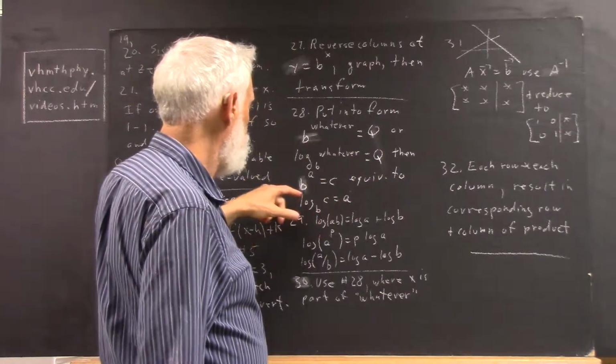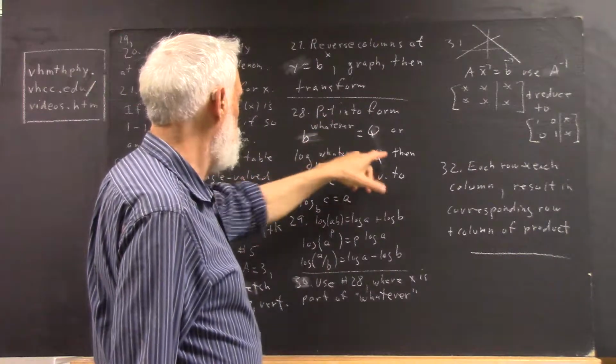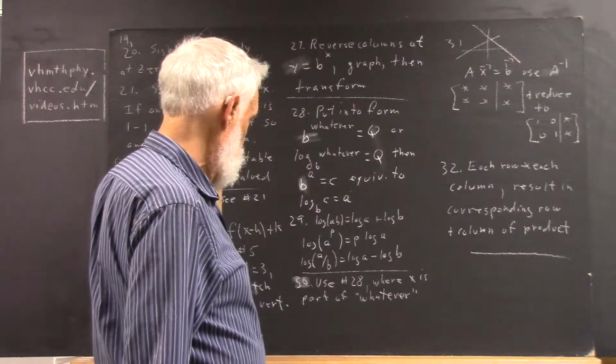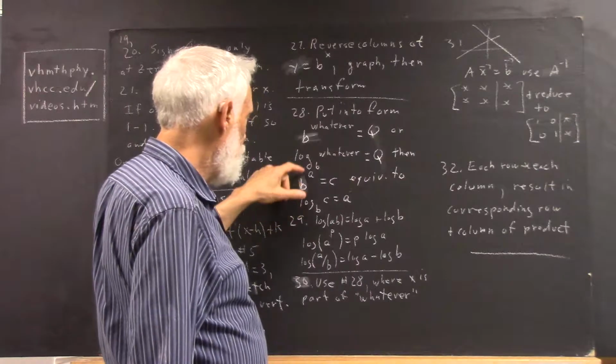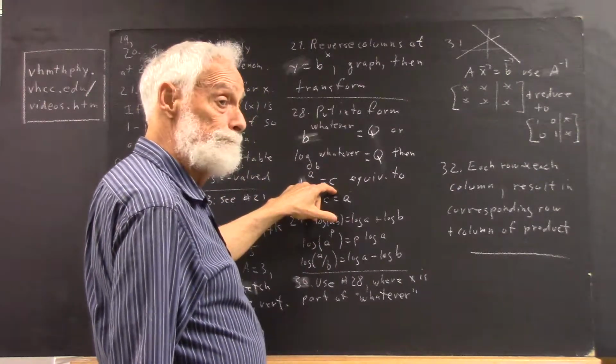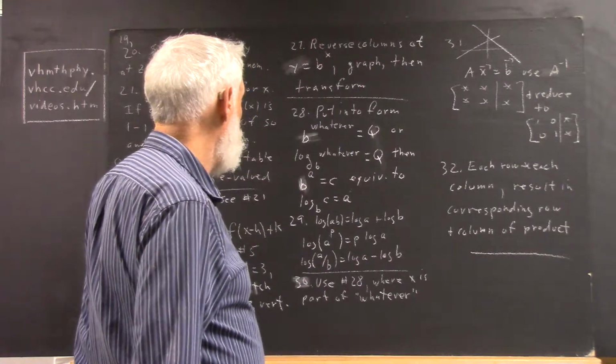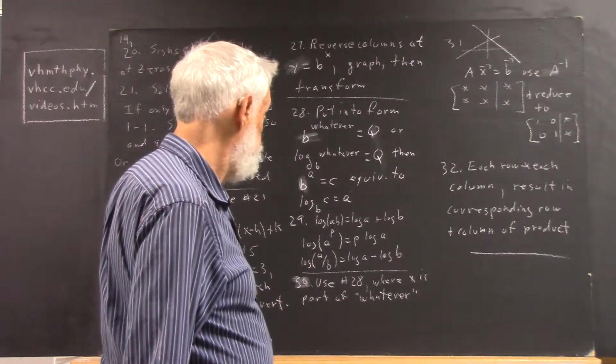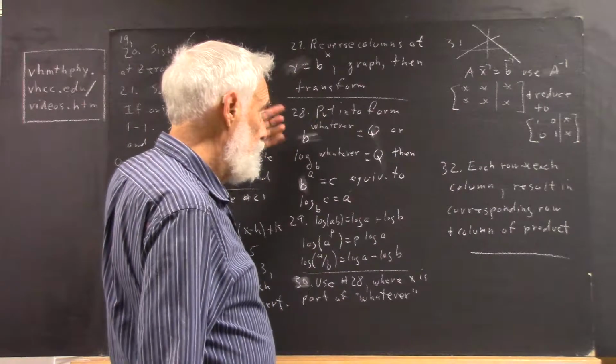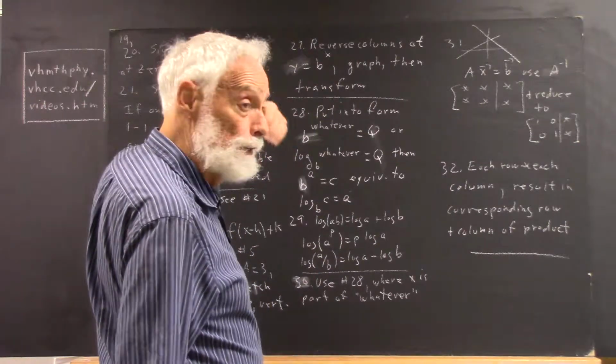In other words, we use the fact that log b of whatever equals q is equivalent to b to the a equals c, where a would of course be your q and c would be your whatever.